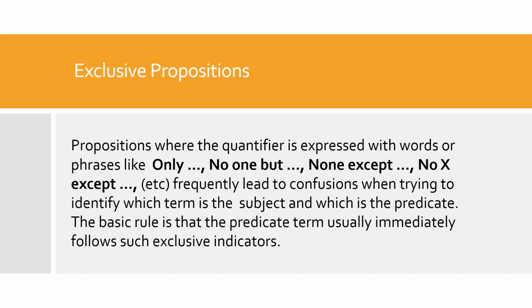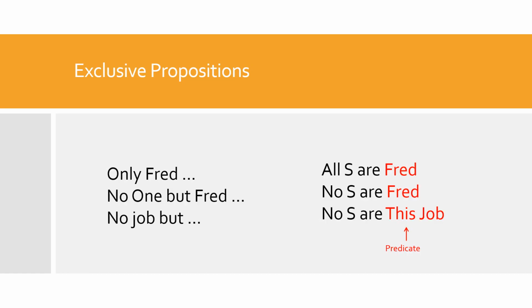So when I say only Fred, notice Fred immediately follows the only, the exclusive proposition, and that means that Fred is actually not the subject, but rather the predicate. So in a certain sense, you might say this feels like it gets everything backwards. The basic idea is this.